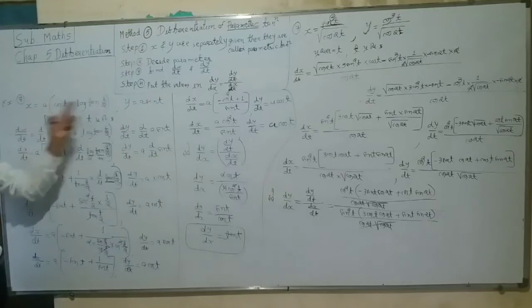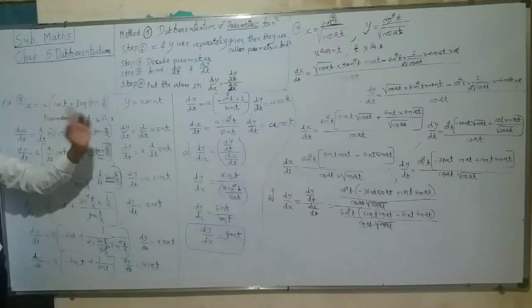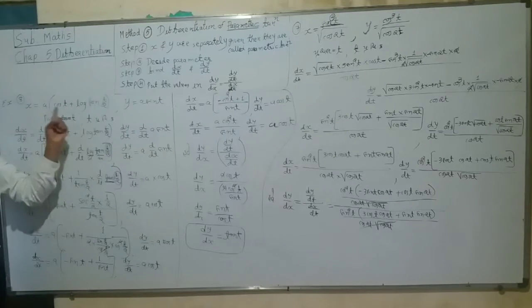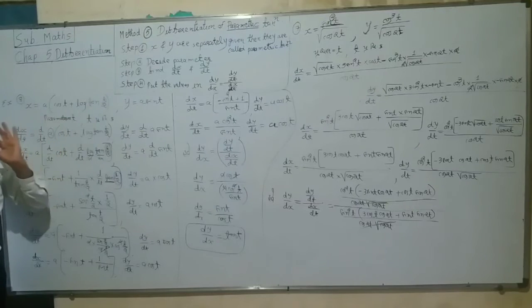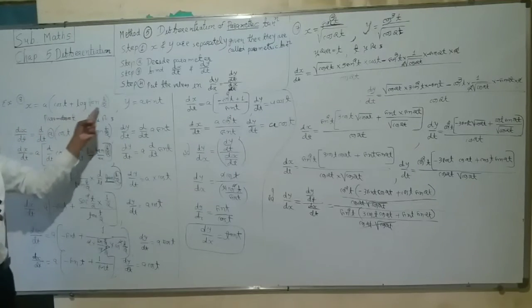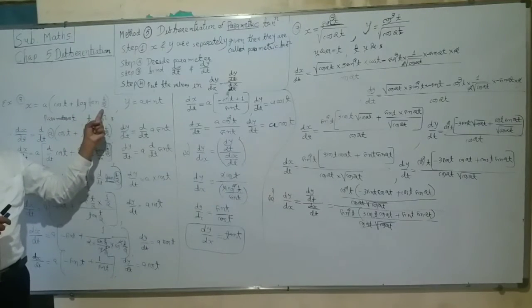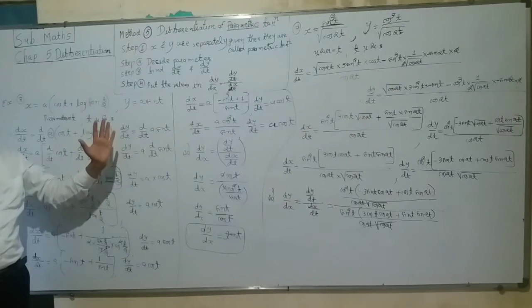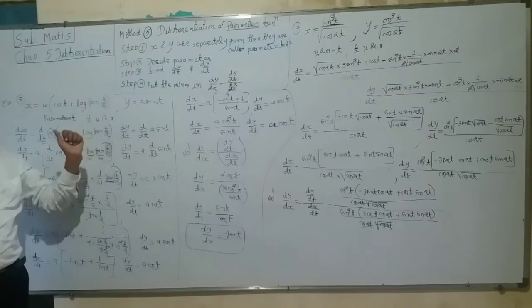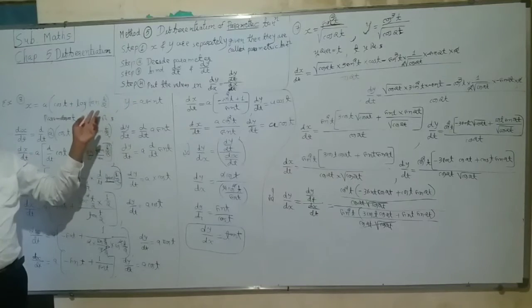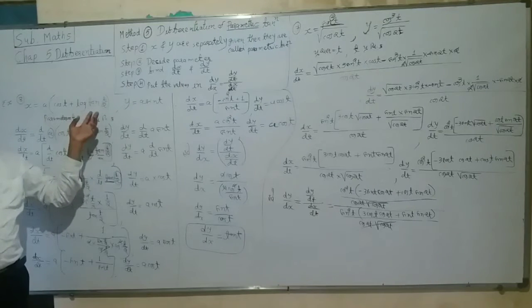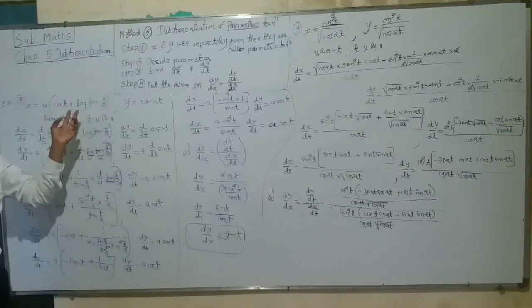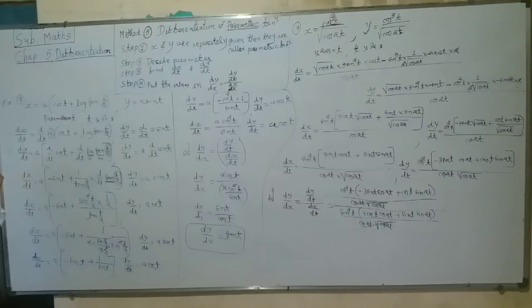So x and y are the main variables. Here a is a constant, cos, log and tan are the names of the functions, 2 is a number. So the remaining t is an extra variable and it is the parameter. You can decide the parameter in parametric functions in this way.